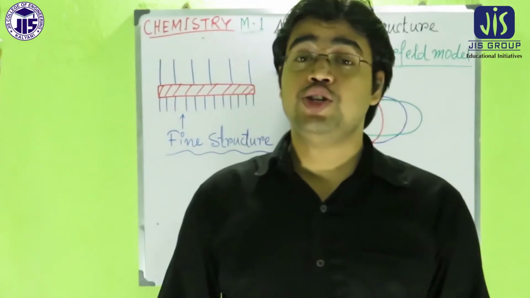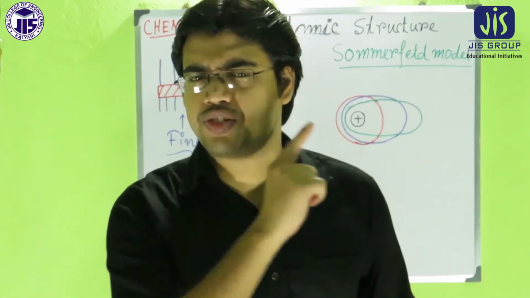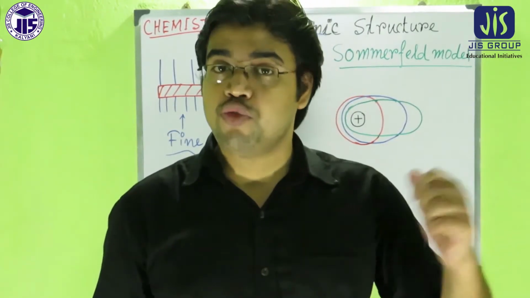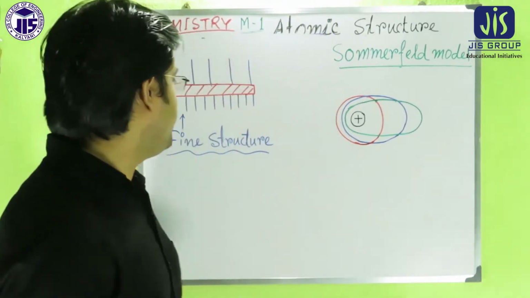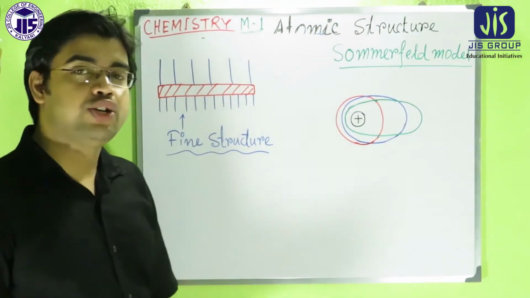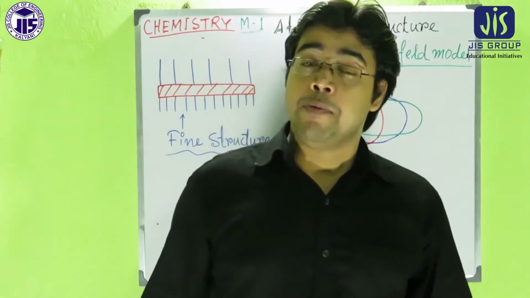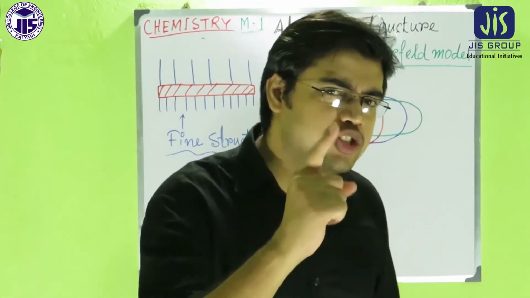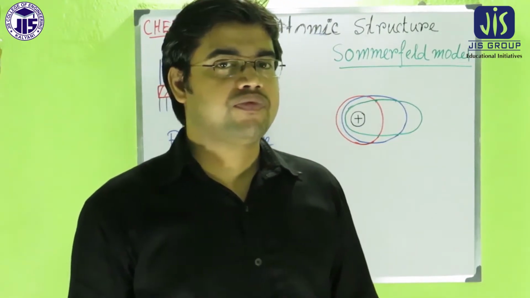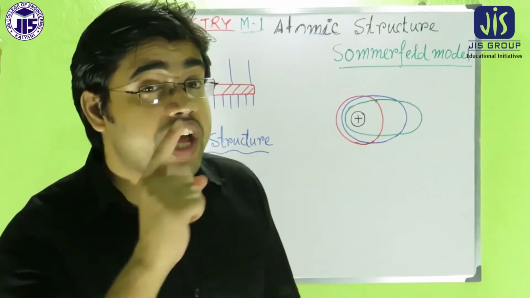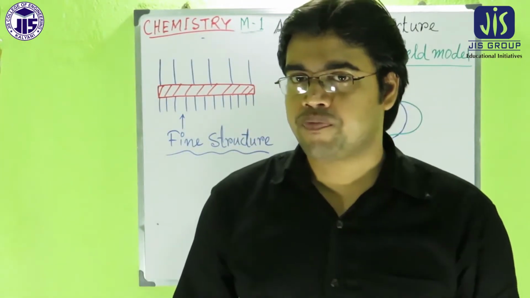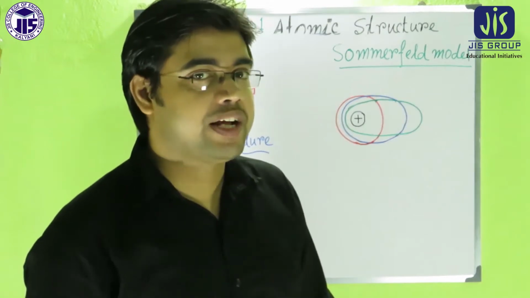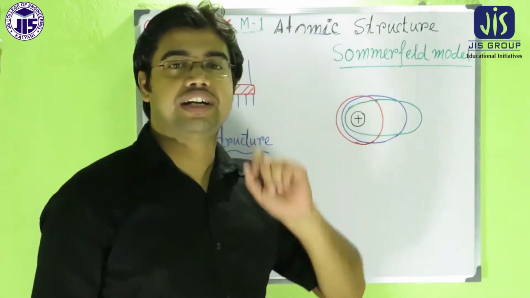Fine structure means that each and every line of the light spectrum, when passed through a high resolving power spectrophotometer, is split into small lines. Those small lines indicated that there must be some kind of sub-energy level, but that was not explained by Niels Bohr, and that's why the next scientist came to the field, Sommerfeld.